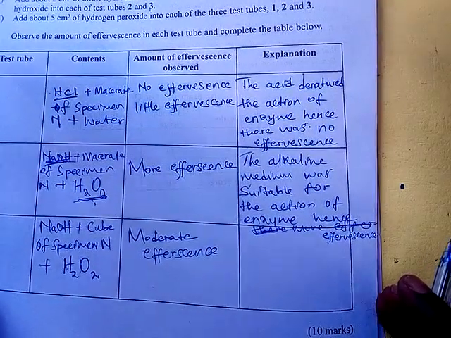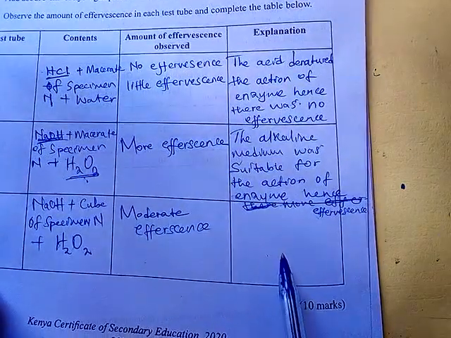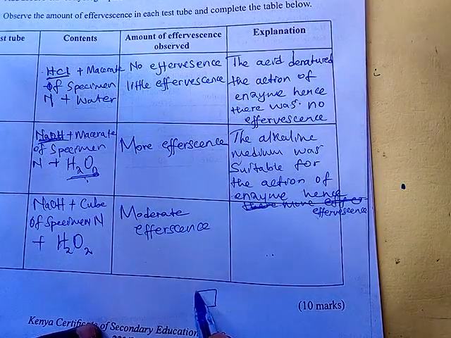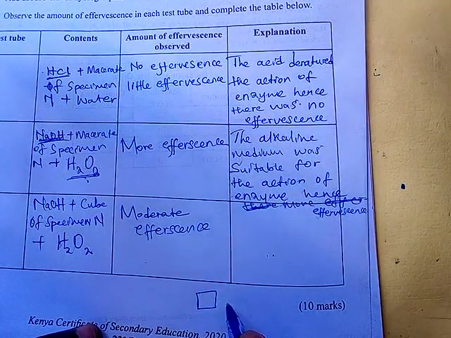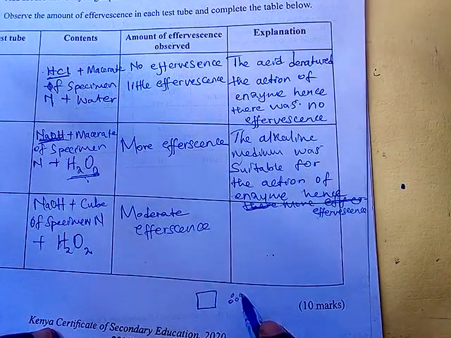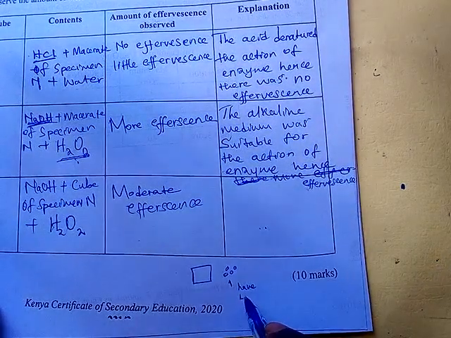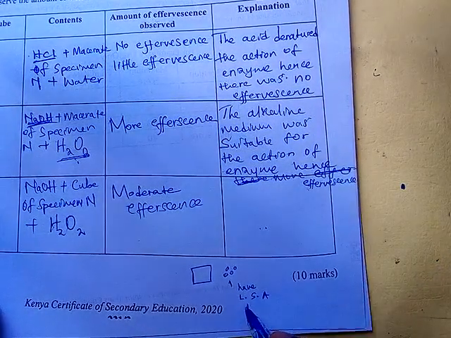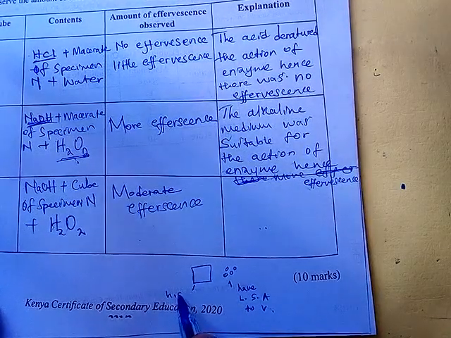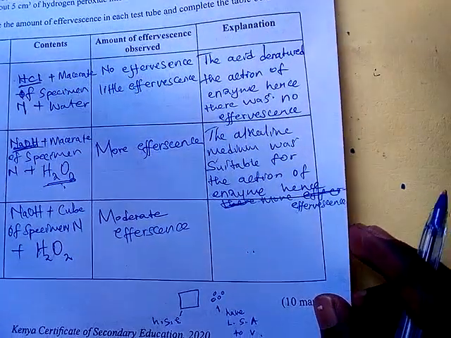Now that content you should have in your mind in order to answer the explanation here. We kept a cube in test tube 3, and in test tube 2 we kept two pieces that we chopped. This one has large surface area to volume ratio, while this, because it's big, has small surface area to volume ratio. That's what you need to know.